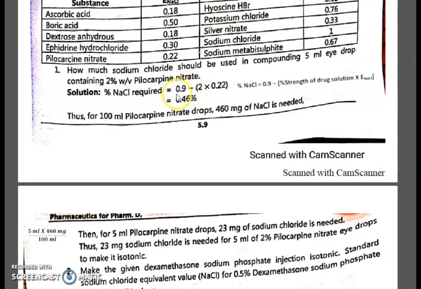So, now placing the values in this equation, we get 0.9 minus 2 multiplied by 0.22, that equals 0.46% NaCl, which means 0.46 grams or 460 milligrams of NaCl is needed for preparation of 100 ml of 2% weight by volume pilocarpine nitrate eye drops.